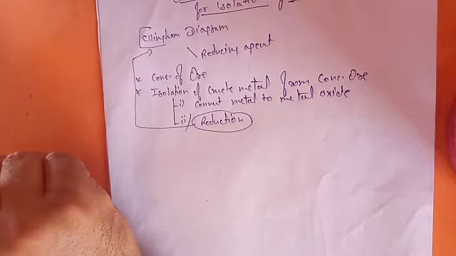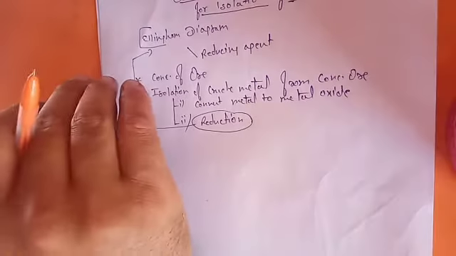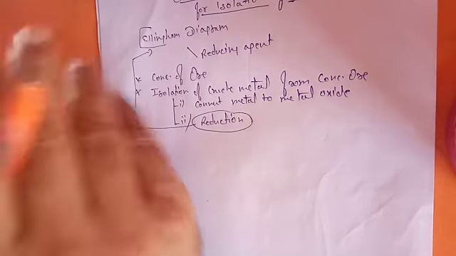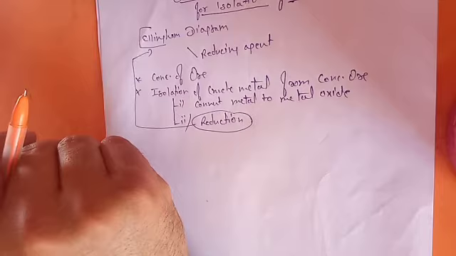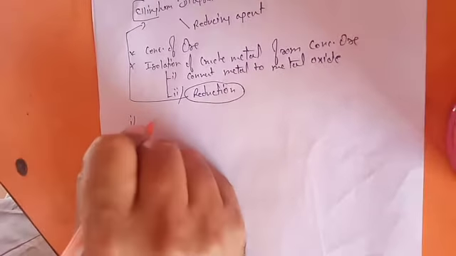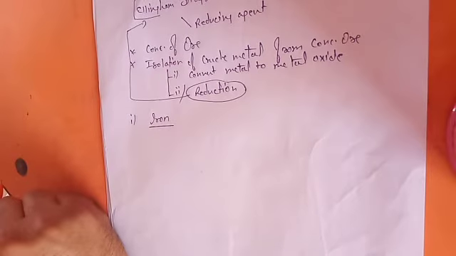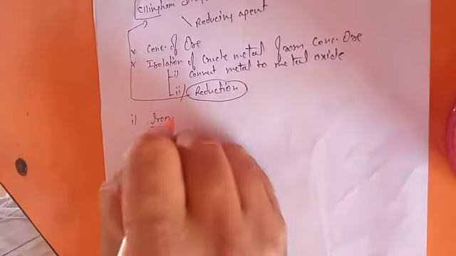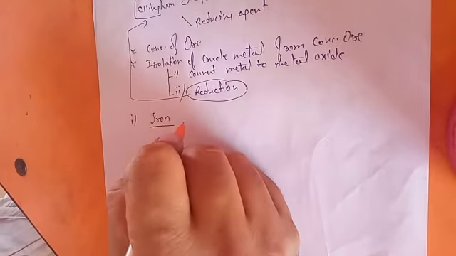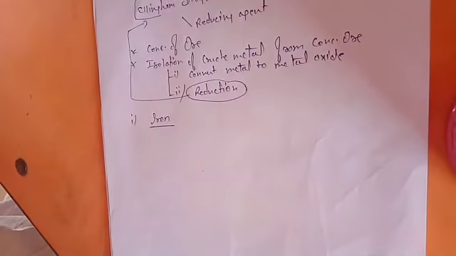So today we will discuss how the Ellingham diagram helps us in the extraction of some general elements. The first one we will discuss is iron, and how iron is reduced, or converted, into isolated crude metal using the Ellingham diagram.